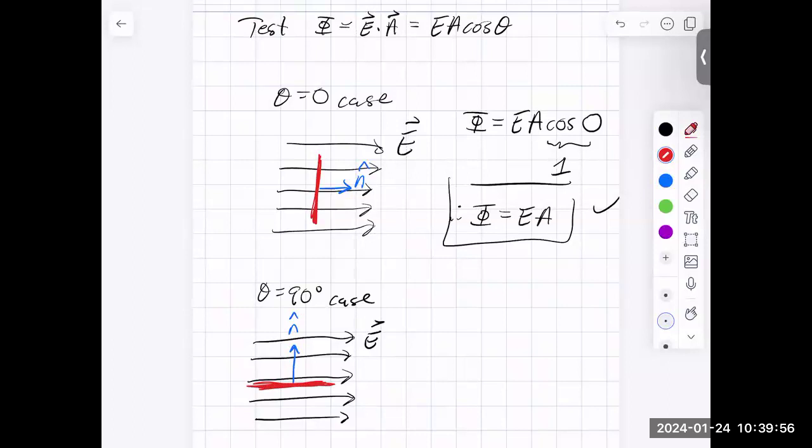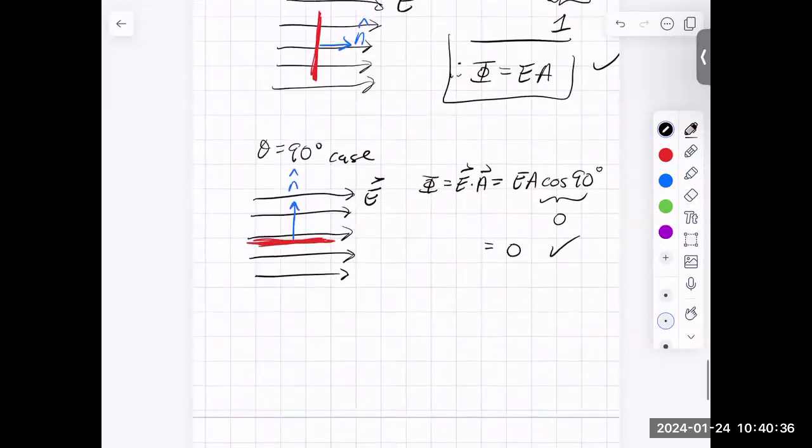What should the flux be in this case? 0. Flux is the number of lines passing through the area. If I arrange my area like this, there are no electric field lines passing through that area. So we expect phi equals 0. If we did the calculation, phi is E dot A is EA cos of theta, but theta is 90 degrees, and cos of 90 degrees is 0. And so we get 0, and that checks out.